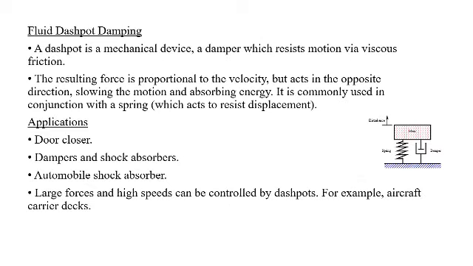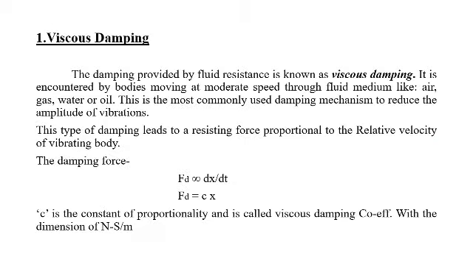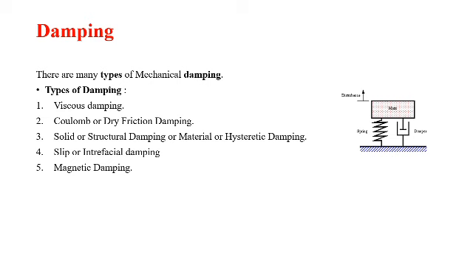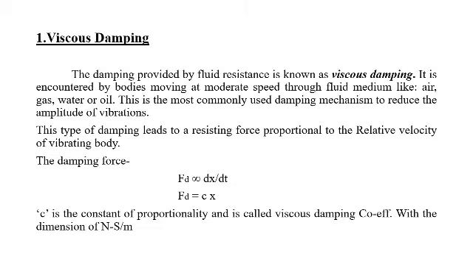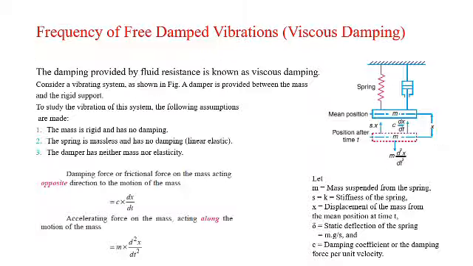These are the five types of damping we have seen: viscous damping, Coulomb's damping, structural damping, interfacial damping, and magnetic damping. After these types of damping, we will study how to find the frequency of free damped vibration in the case of viscous damping only.